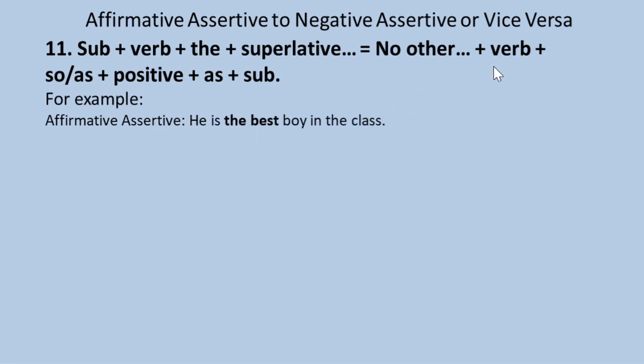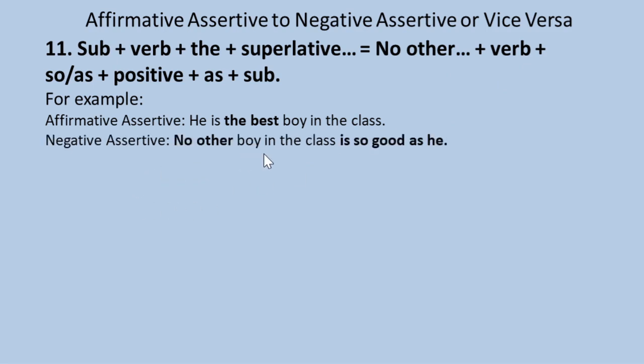No other always follows a singular verb. No other follows a singular noun, and that's why we have to use a singular verb. He is the best boy in the class. Negative assertive: no other boy in the class is so good as he. So no other, then the portion boy in the class is used here after no other, then verb singular.